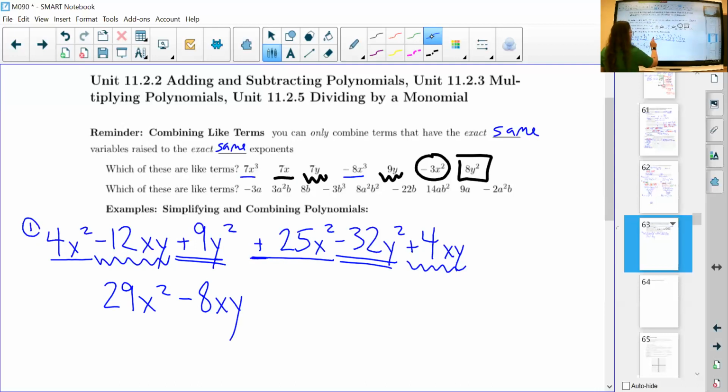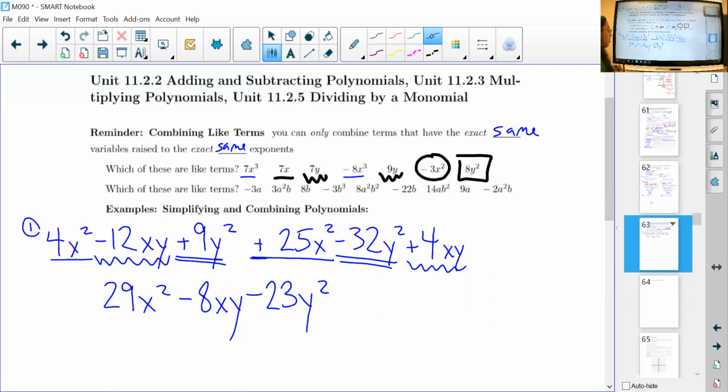And then 9y squared minus 32y squared. We're taking a little number minus a big number, so we'll have something negative. And then 32 minus 9, the difference in absolute values, is going to give us the 23 that we're looking for, 23y squared. Notice that 9y squared minus 32y squared, the y squared is still multiplied by that coefficient.